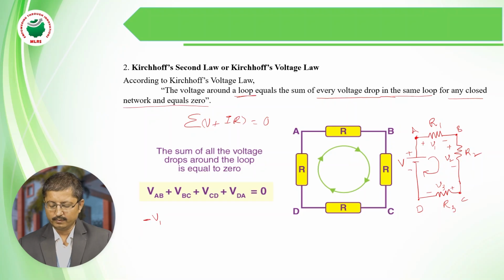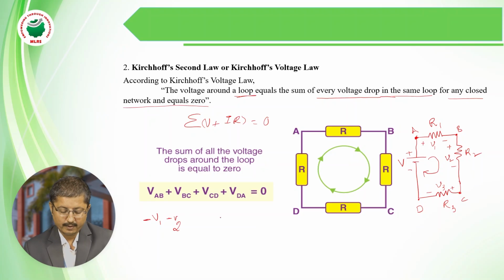The current enters at positive and leaves at negative, so I take that as a potential drop, minus V1. The second resistor is the same, positive to negative, so minus V2. Then the third resistor, minus V3.